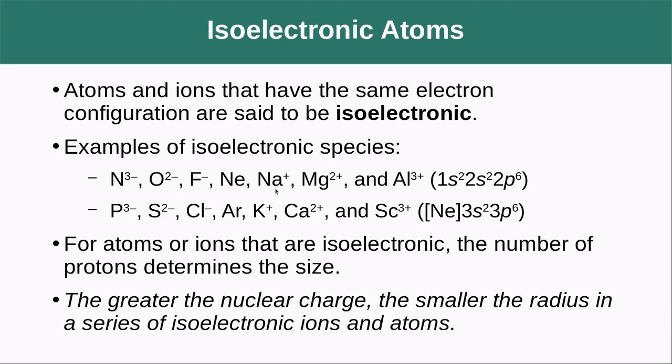Isoelectronic is a term that describes ions or neutral atoms that all have the same electron configuration. You can imagine that sodium typically has one more electron than neon; if you take an electron away, you make a sodium plus ion, and it will have the same electron configuration as neon.